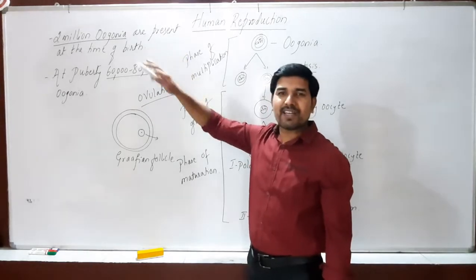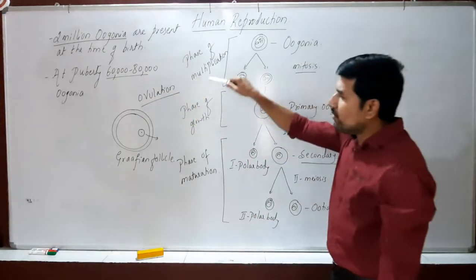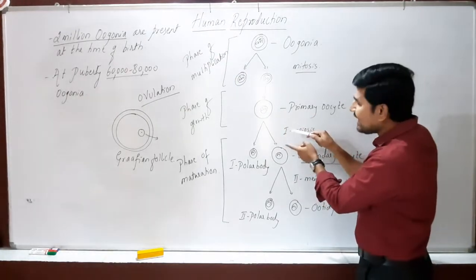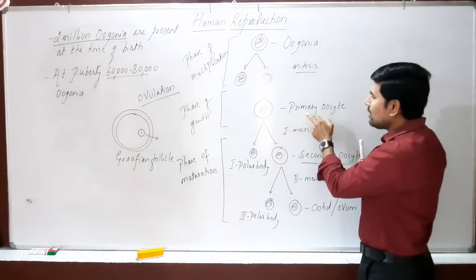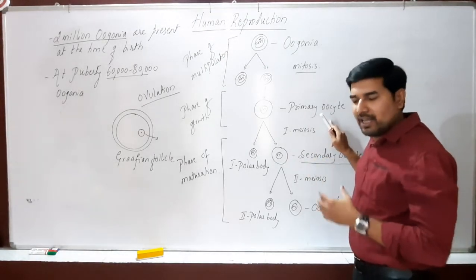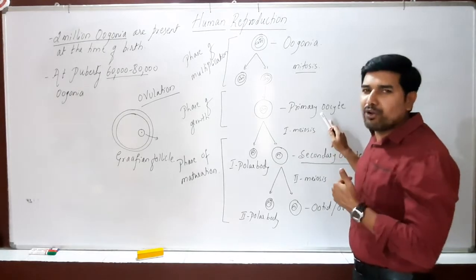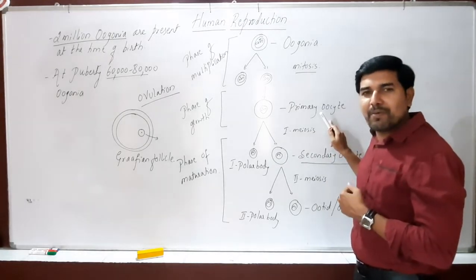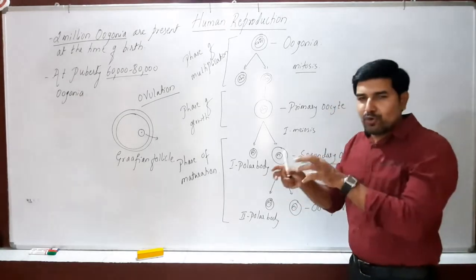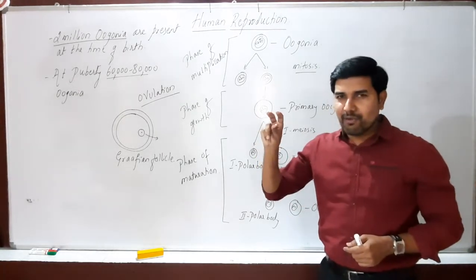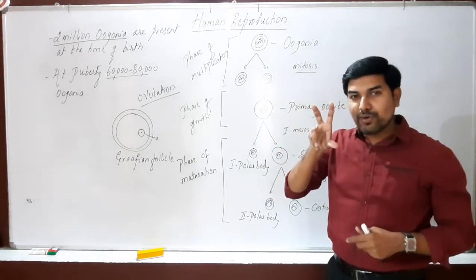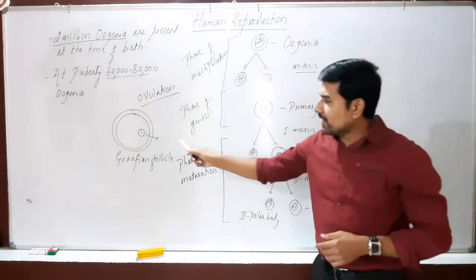The rest of the oogonial cells degenerate. The remaining cells undergo meiosis and temporarily get arrested in the primary oocyte stage, and that primary oocyte gets surrounded by certain follicular cells, and hence it is also called a primary follicle. Later on it grows in size. Earlier it is small, called the primary follicle, then the secondary follicle, matures into the tertiary follicle, and finally into the Graafian follicle.